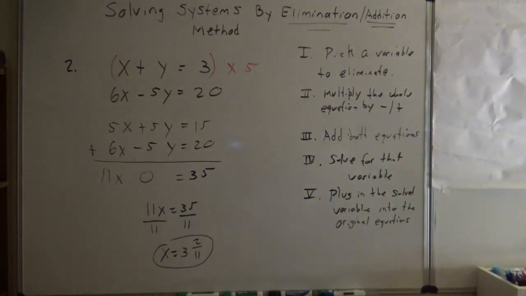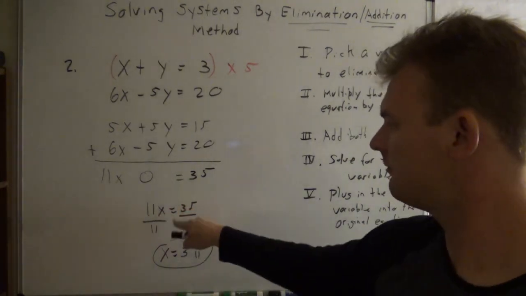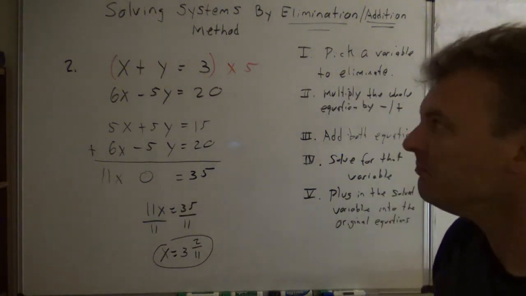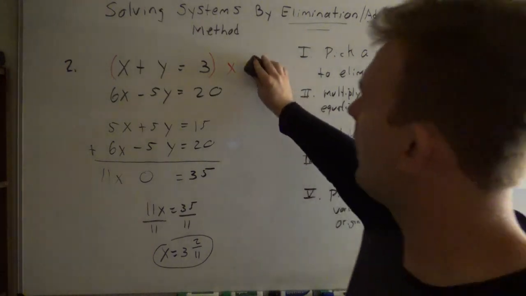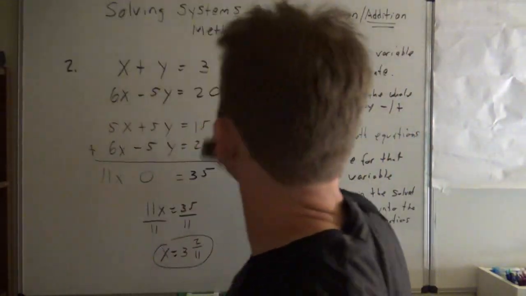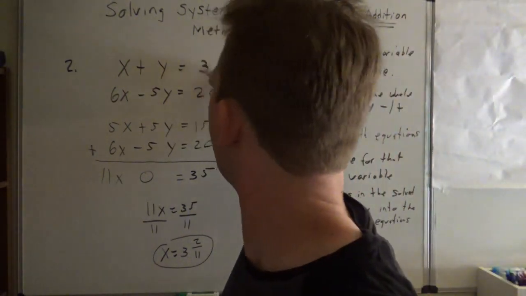So we want to put this into one of the originals upstairs. And when I say originals, that means the ones that were just the same when we started. We didn't manipulate them. They're the originals.